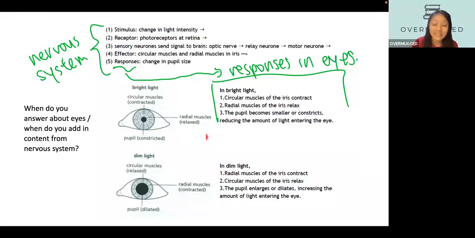But if the question asks, with reference to the nervous system, or with your knowledge about the nervous system and the eyes, what happens when light is suddenly switched off or switched on, things like that, and they expect you to talk about stimulus, receptor, sensory relay motor neuron, effector, response, they can't just give you 2-3 marks. It must be at least maybe 4-5 marks. So I think mark allocation is one clue, and how they ask the question is also a clue.